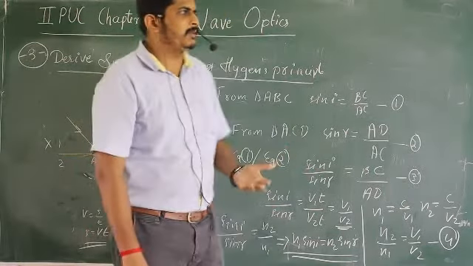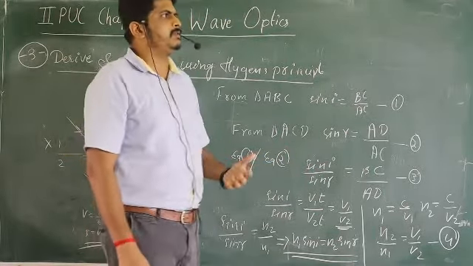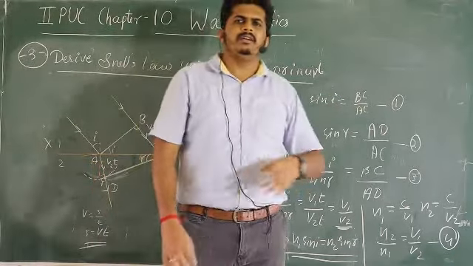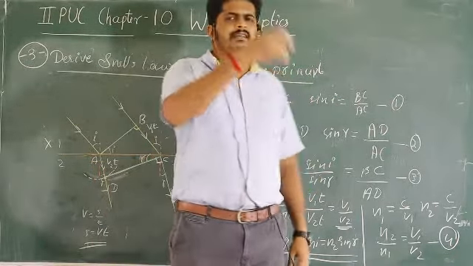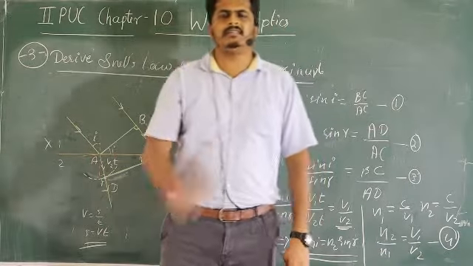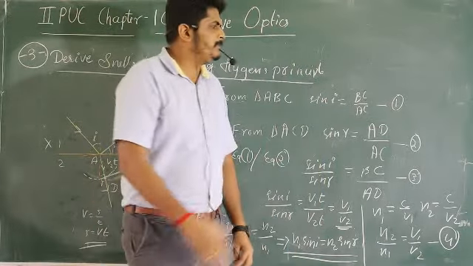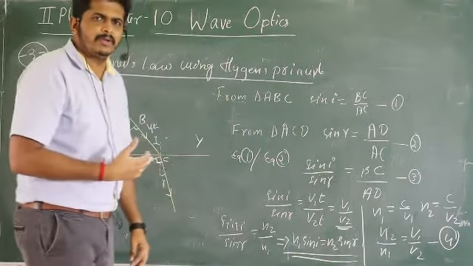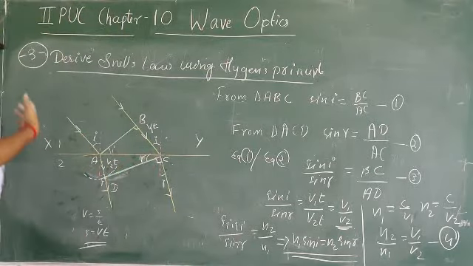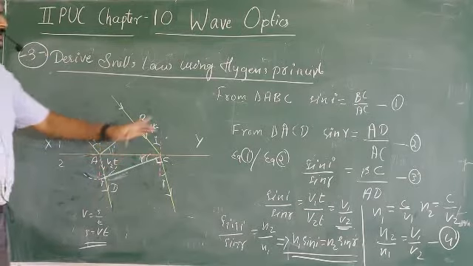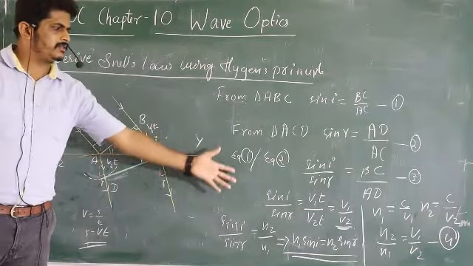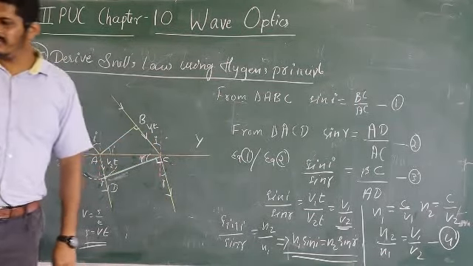And regarding Huygens principle also we discussed and I have listed out the points. Those points you take down, that is nothing but the principles. And then the 3-mark important derivation we have done here, to derive Snell's law by using Huygens principle. The diagram is very simple, and just use the trigonometric functions. By taking the ratios, this will be the final answer.